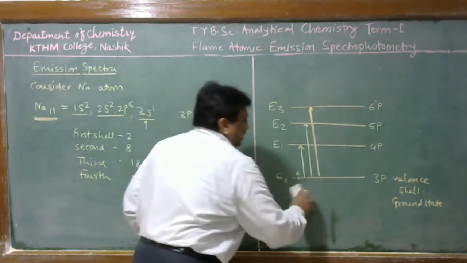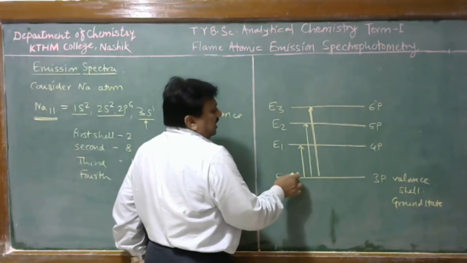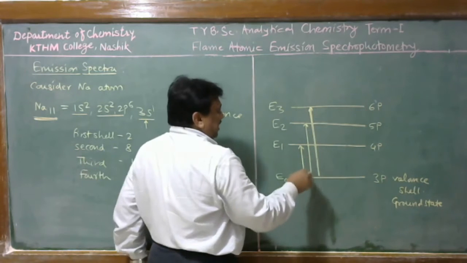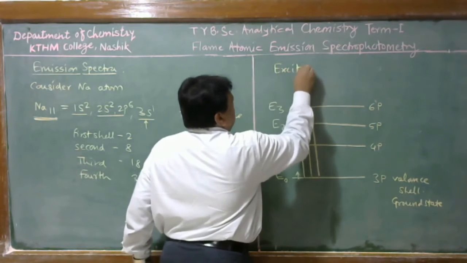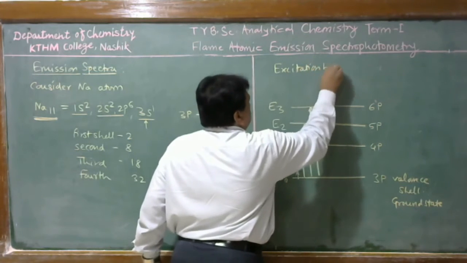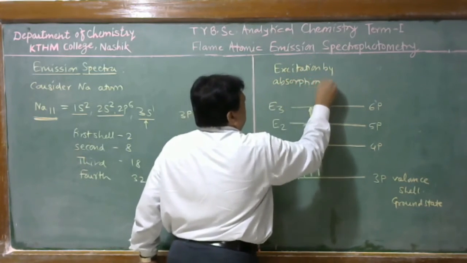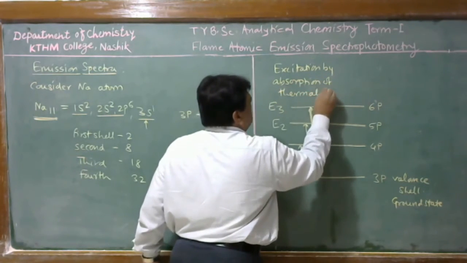Now here this electron gets promoted from the ground state level to different energy levels depending upon the absorption of energy. That is the excitation by absorption of energy, absorption of thermal energy, because here no other source is present.